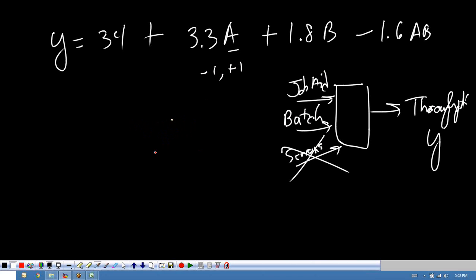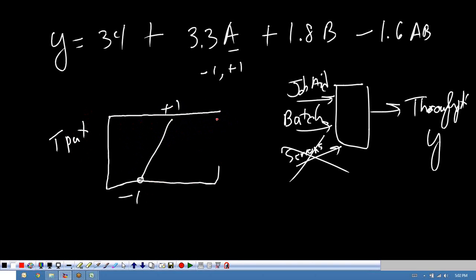So if we look at the effect of A on the minus side and on the plus one, the difference between that in terms of throughput, like we're drawing a picture of throughput, A would look like that. There's a big swing. There would be my 34. This would be 37.3, and this would be, I guess, 31.7. Okay, so the total swing is 6.6.